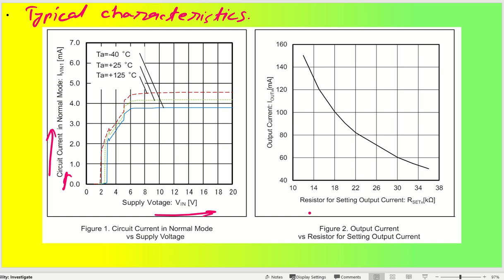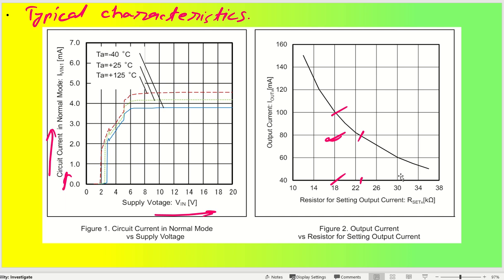Coming back to the current setting resistor, as you can see, let's say you want to set it for 80 milliamperes, then you have to go ahead with slightly more than 22 kilo ohm. If you want to set it for 100 milliamperes, then you have to go ahead with an 18 kilo ohm resistor. If you are going to set for 60 milliamperes, then you have to go for 30 kilo ohms.